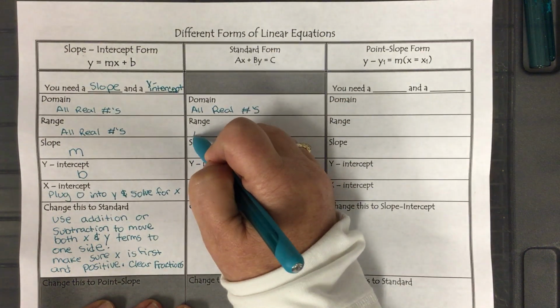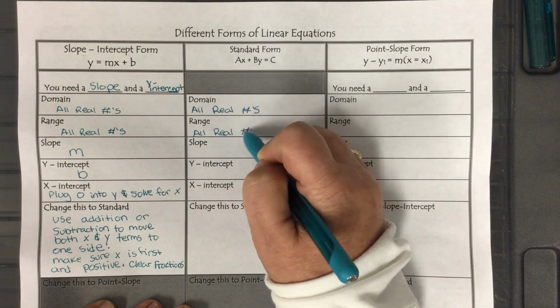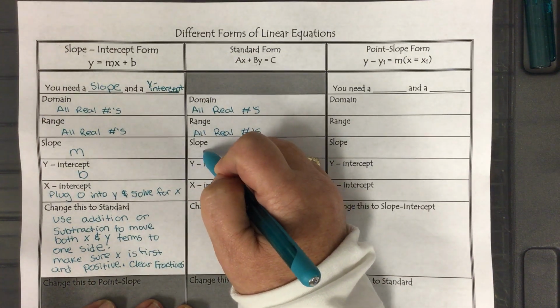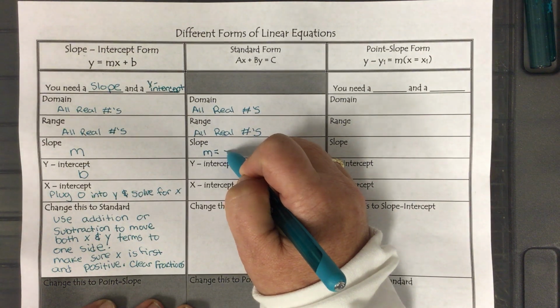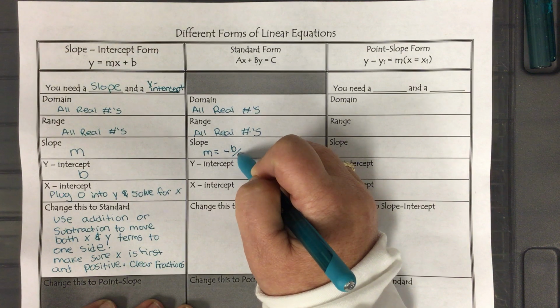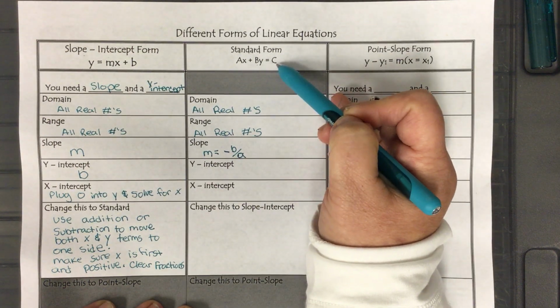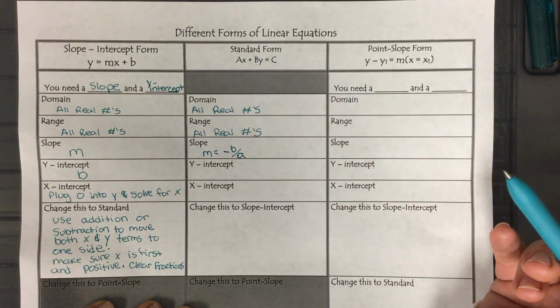The range is all real numbers. The slope is m equals a negative b over a. Okay, so the m is going to equal the negative b over a.